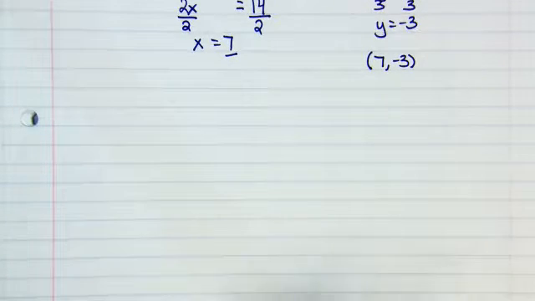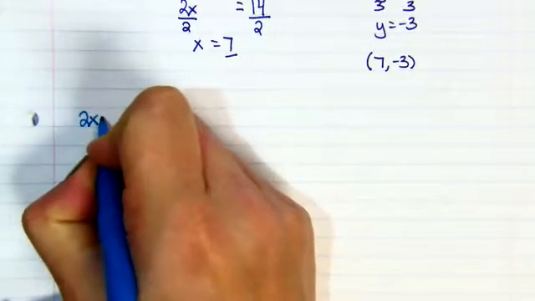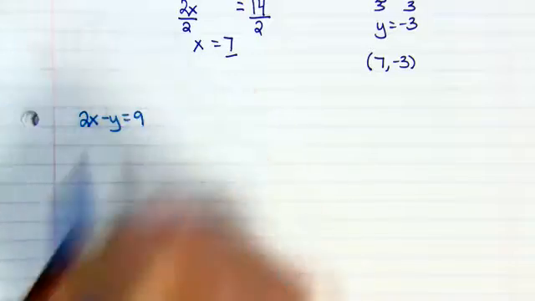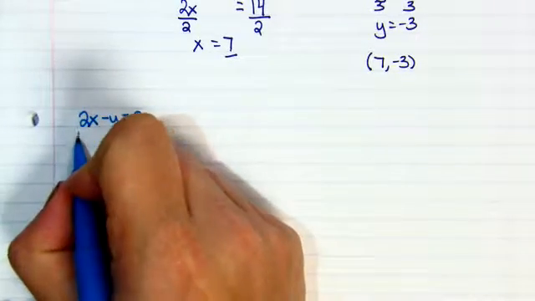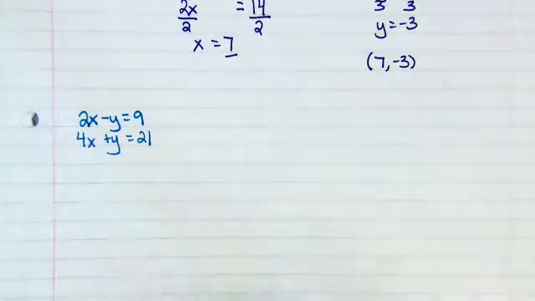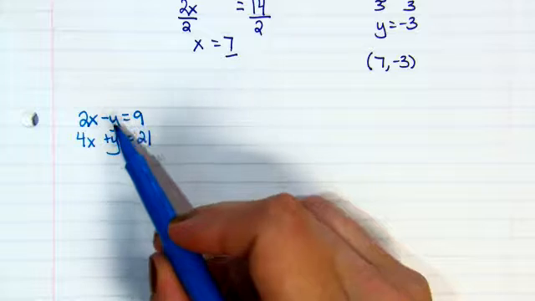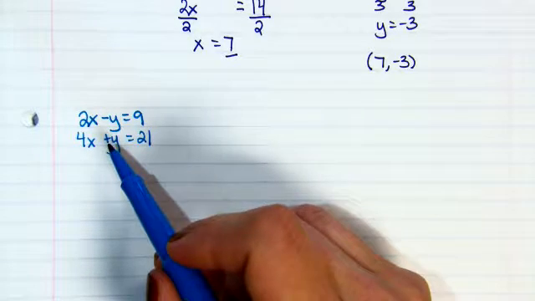Let me give you another example. If I had 2x minus y equals 9, and 4x plus y equals 21, I'm going to want to use elimination here because again you'll see that my y's have opposite coefficients.